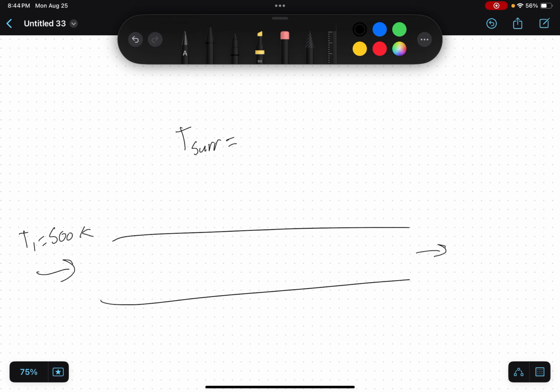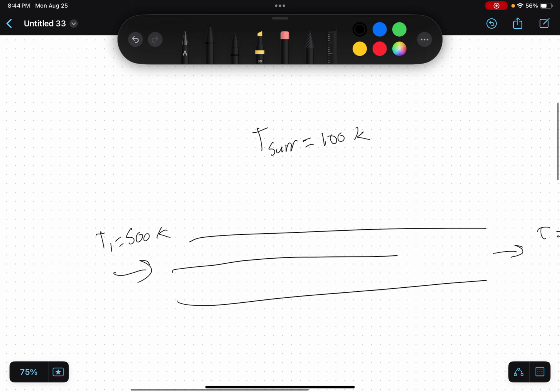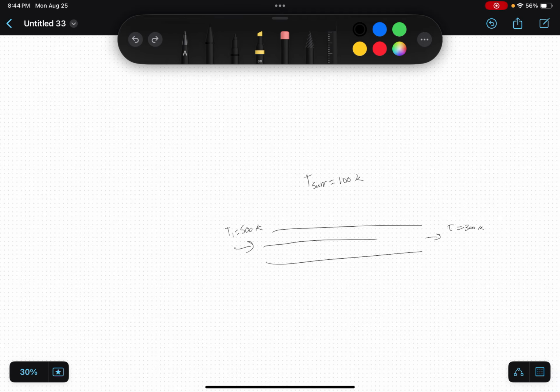Well, theoretically it's not that bad, but when you get into the weeds it is bad, so I'll explain that. T surrounding equals like 100 Kelvin, and the final temperature is somewhere between those, let's say 300 Kelvin. So as the fluid's going through, it transfers heat through the pipe wall out to the surrounding environment because the surrounding environment is colder.